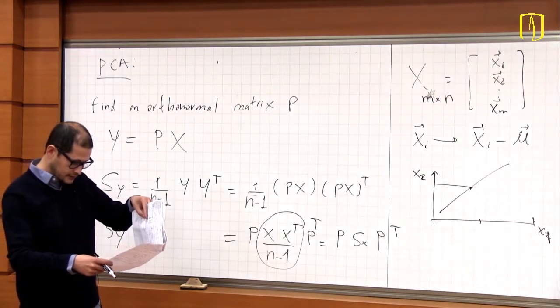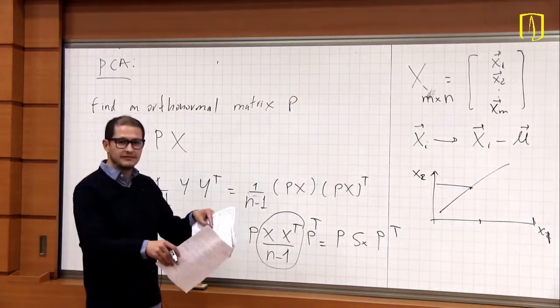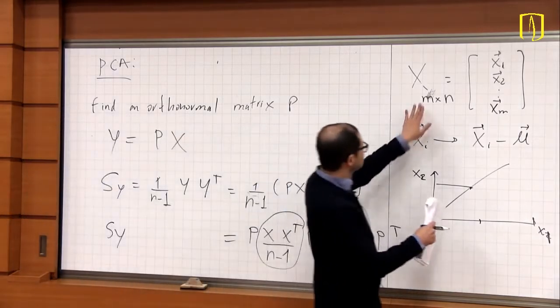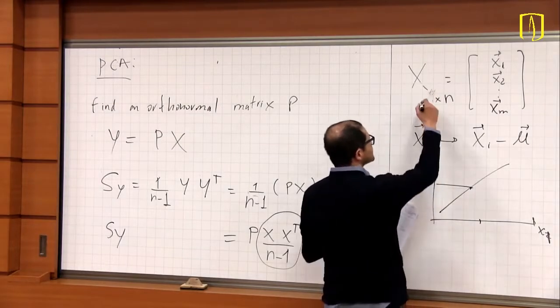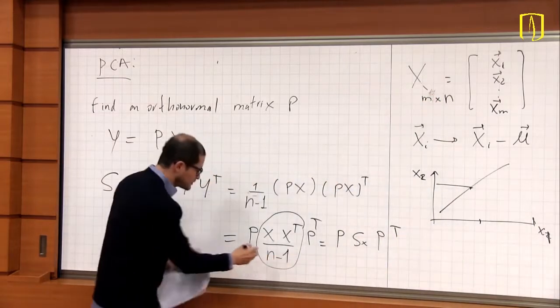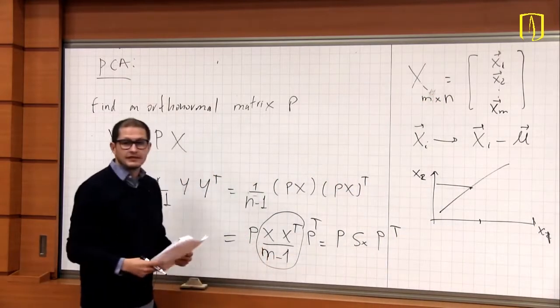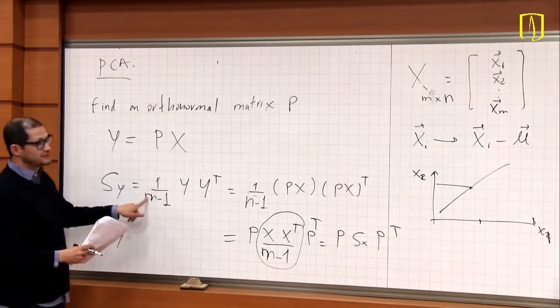So I should replace n with m. Oh no, this is fine. So maybe I just should add m here. Okay, sorry about that. I may have made a mistake.